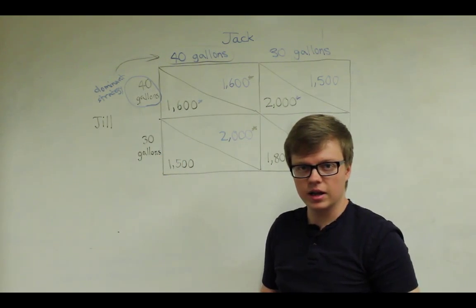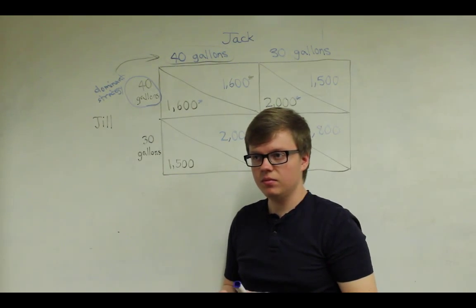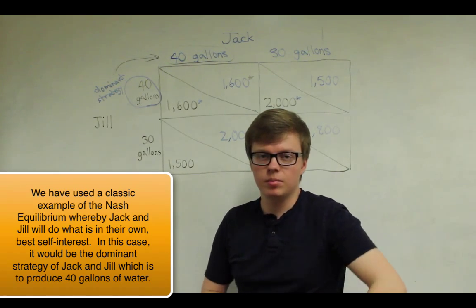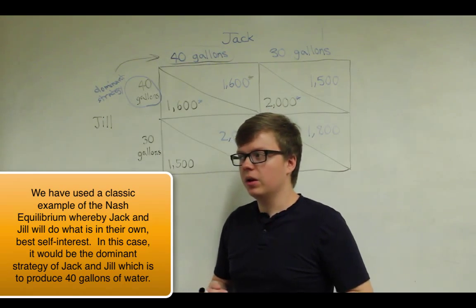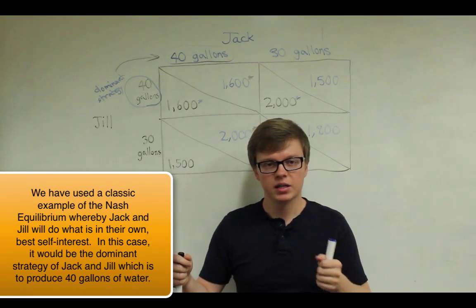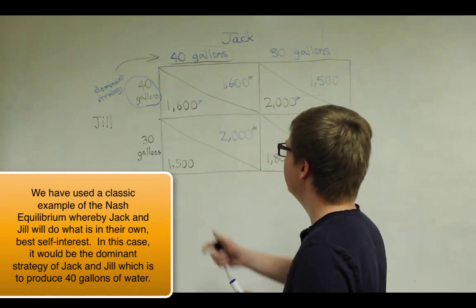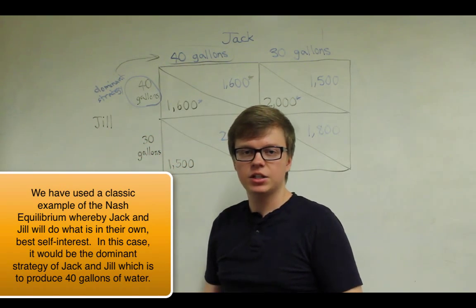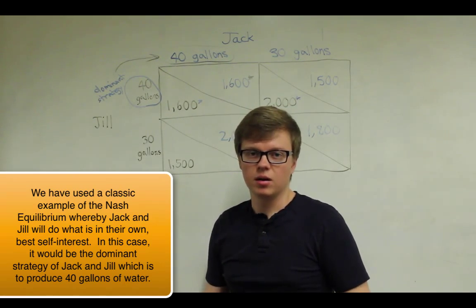Now the last question I wanted to address was, is there an equilibrium to this game? The common form of equilibrium you see in game theory is what's called a Nash equilibrium. In words, it means basically each strategy is a best response to the other player's strategy. In the case where each player has a dominant strategy, the Nash equilibrium is always where each player plays their dominant strategy.